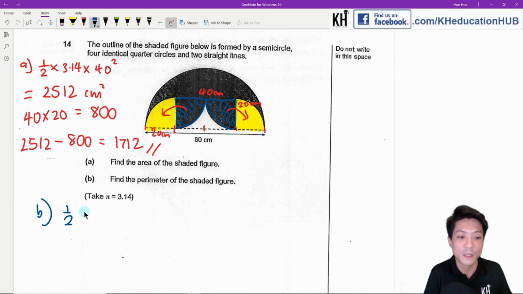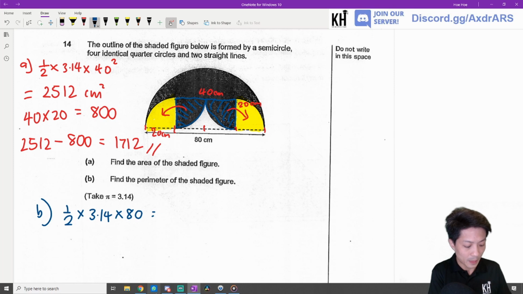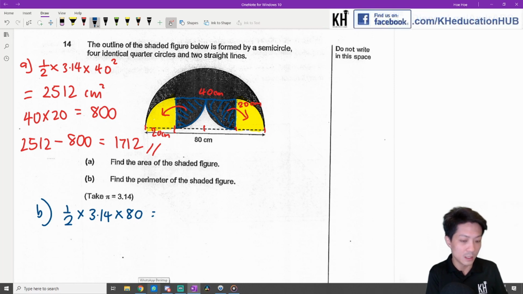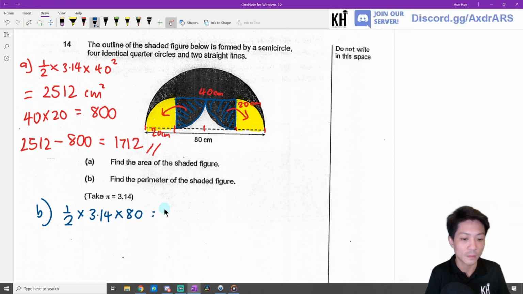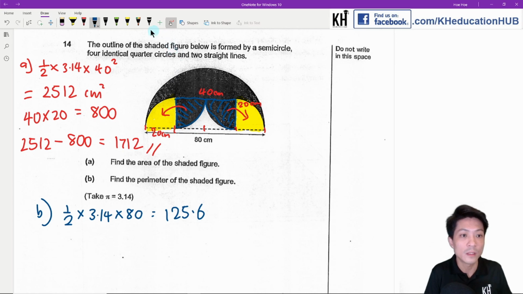The first thing I'm gonna find is the circumference of the big semicircle, 3.14 times D. 3.14 times 80, so this is 125.6.